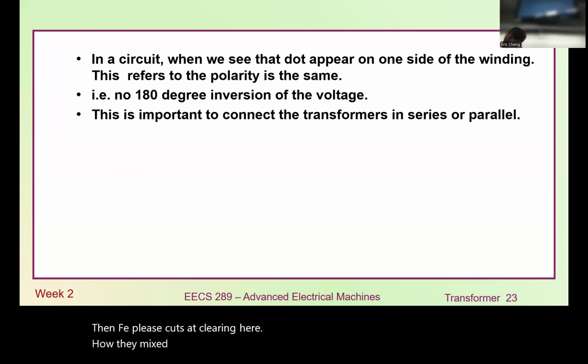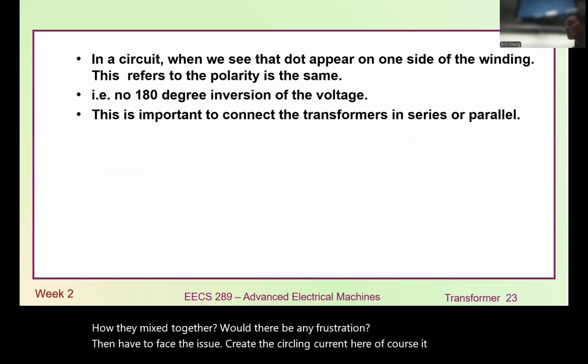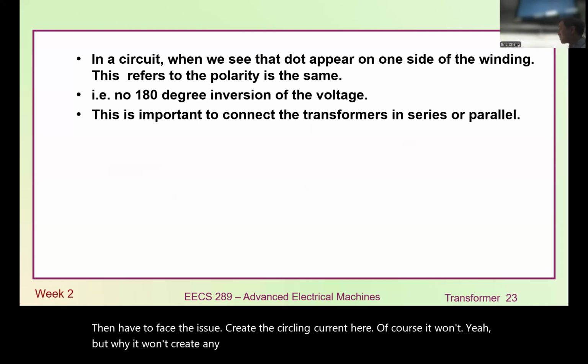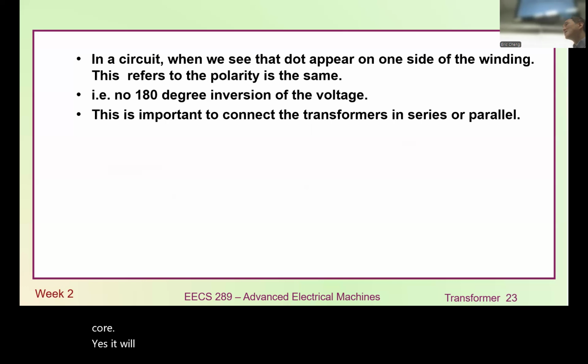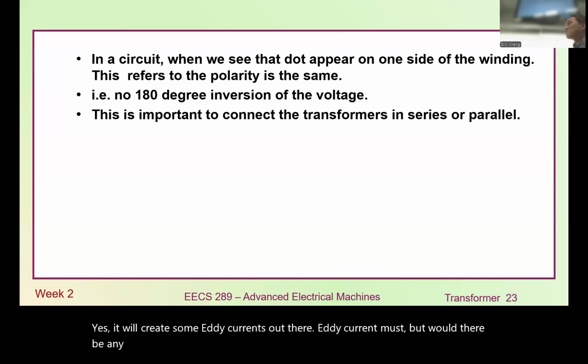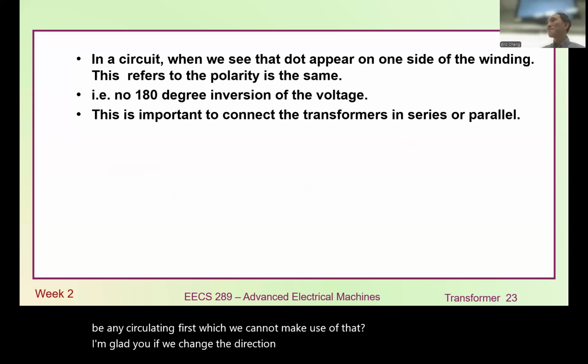Would there be any flux that, because of the phase issue, creates a circulating current here? Of course, it won't, but why won't it create any circulating current or circulating flux in the transformer core? Yes, it will create some eddy current. So eddy current must, but would there be any circulating flux which we cannot make use of? No, sir. But if we change the direction of the turn, then we can.